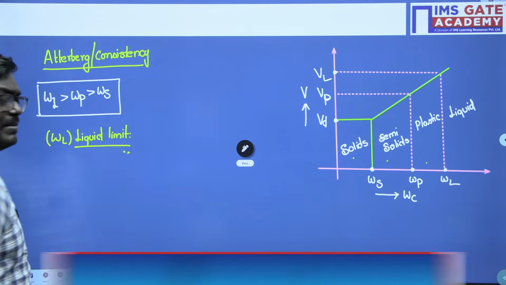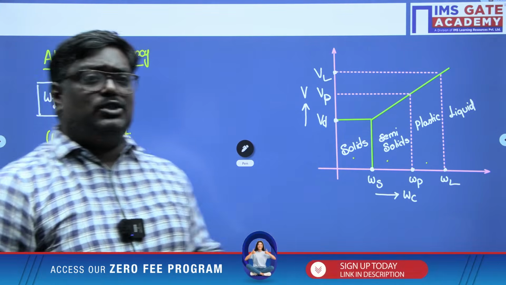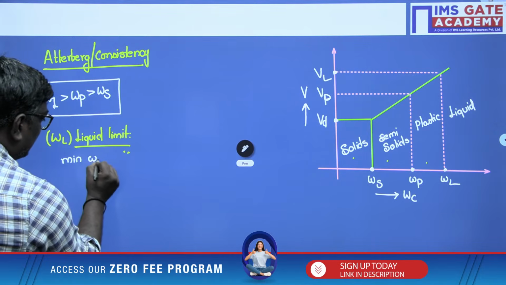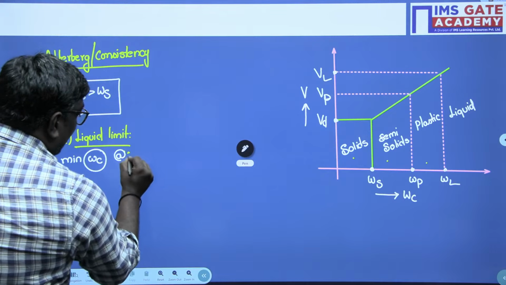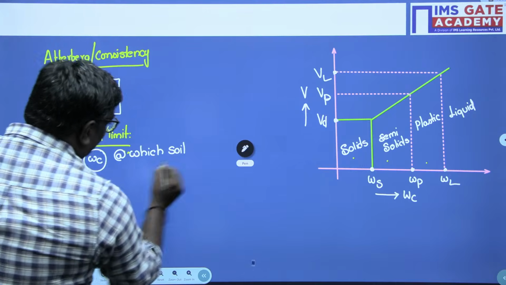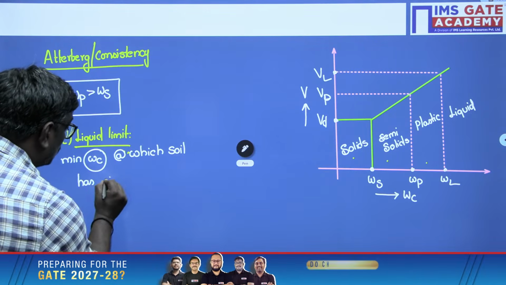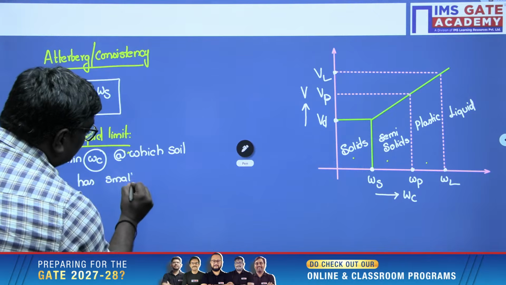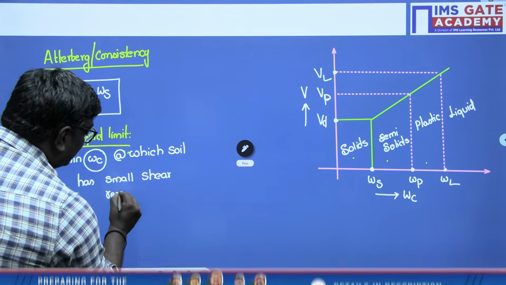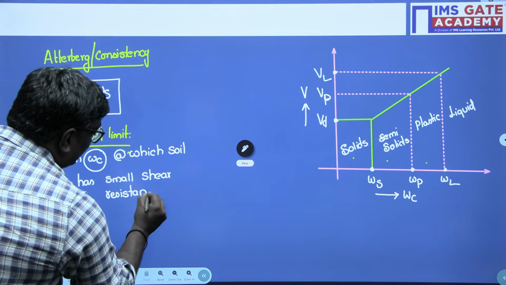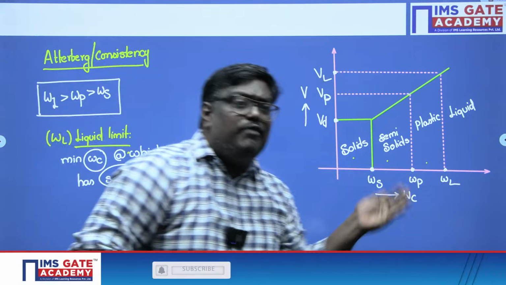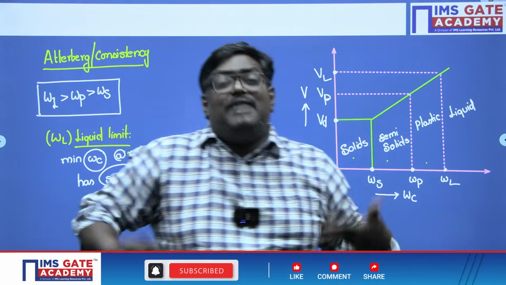Liquid limit is the minimum water content at which soil has small shear resistance. If it is a liquid, it will not have any shear resistance and it flows like water. If it offers some resistance, it is like a border: if you cross that border, the liquid limit, it behaves like a liquid.